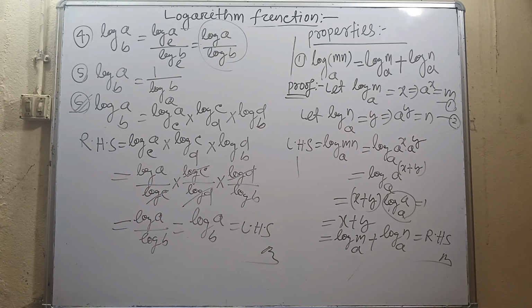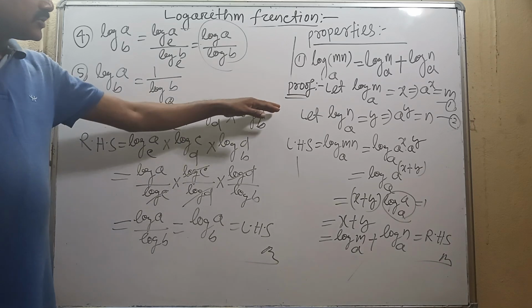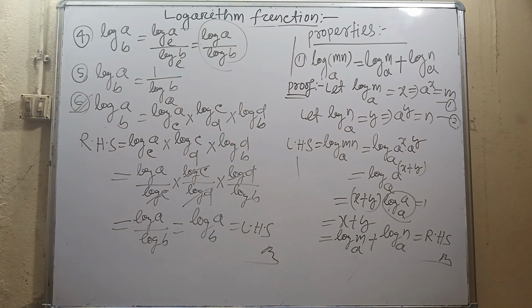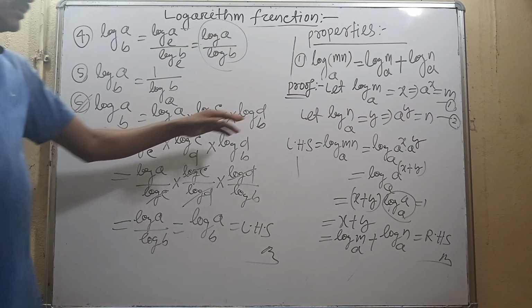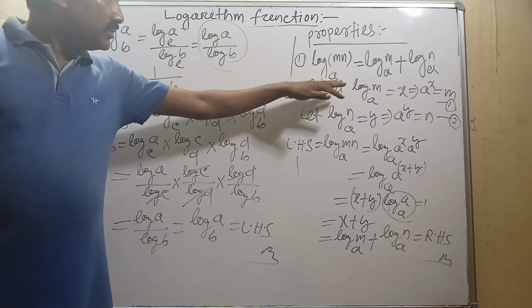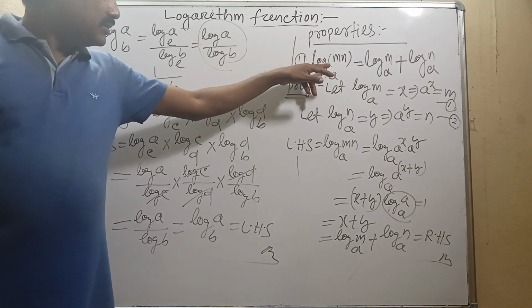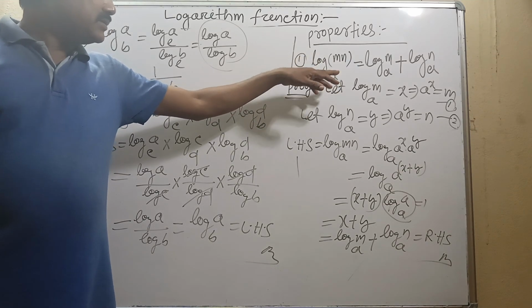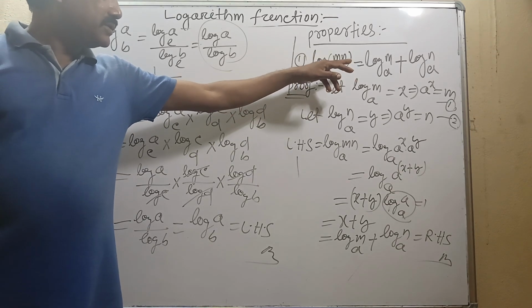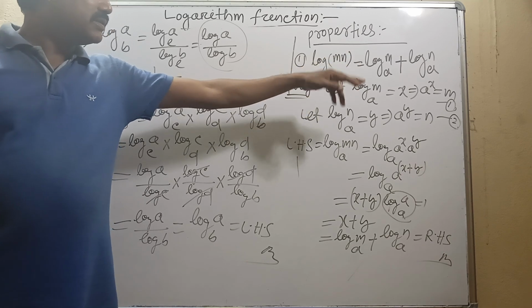This is the LHS. So very simple. Then you can also prove number 2 and number 3 with exactly the same process. Log m base a plus log n base a equals log m n base a, and the second property is log m base a minus log n base a.